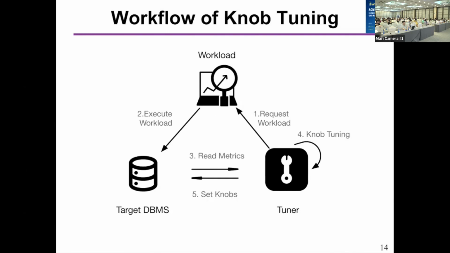After running the workloads, we can get some metrics from the database. Based on the metrics, we can find how to tune the knobs. There is some correlation, so we can learn the correlation between metrics and knobs, and based on the correlation, we can recommend how to tune the knobs. Then we set the knobs, rerun some workloads, and recheck the metrics, and then we can tune the knobs further. In this way, we can make the database run faster.